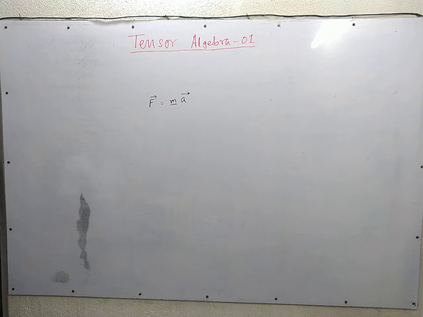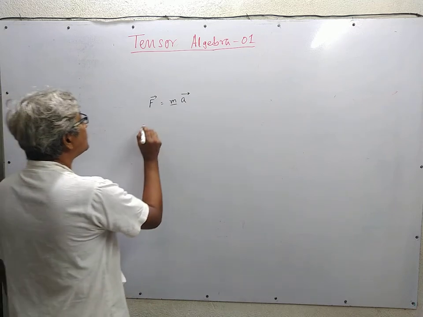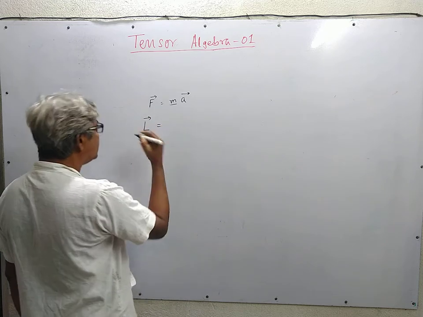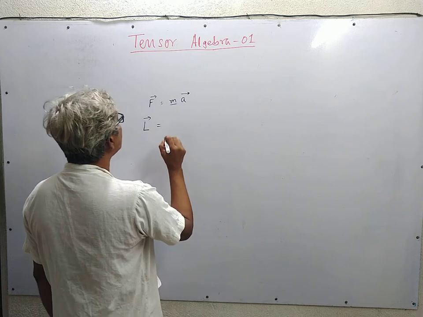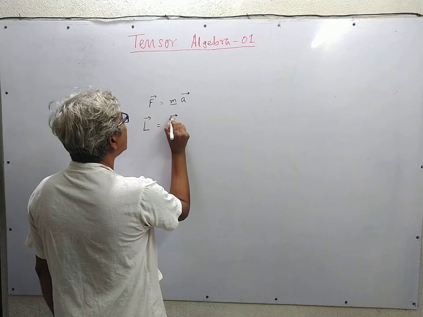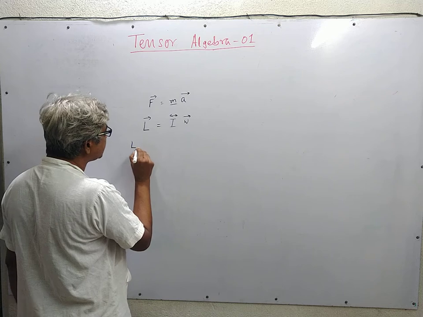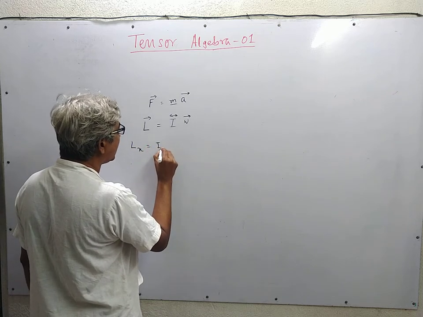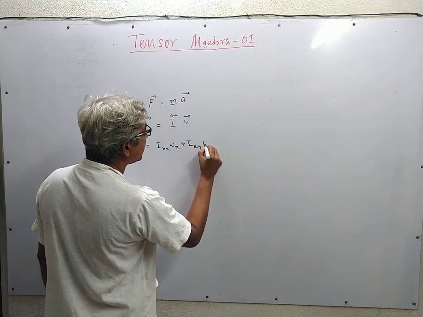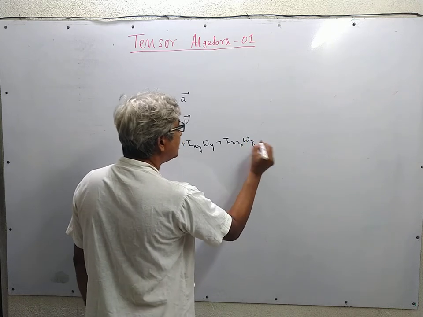But this is not the situation always. As for example, if we consider the angular momentum L of a rigid body moving about a point, then this angular momentum is governed by such a relation. Actually, Lx is I xx omega x plus I xy omega y plus I xz omega z.